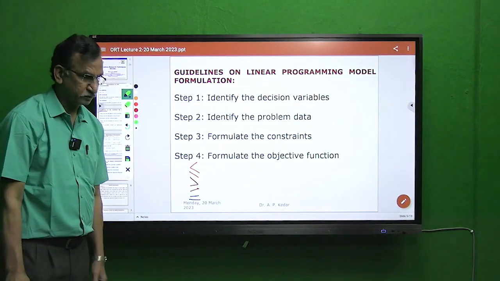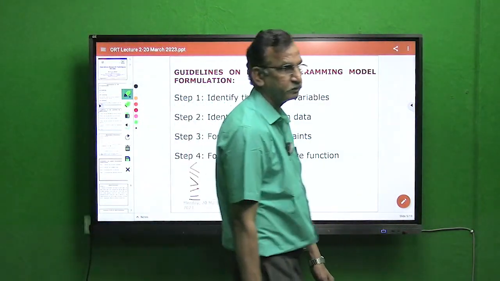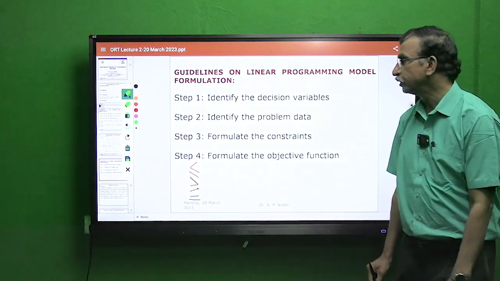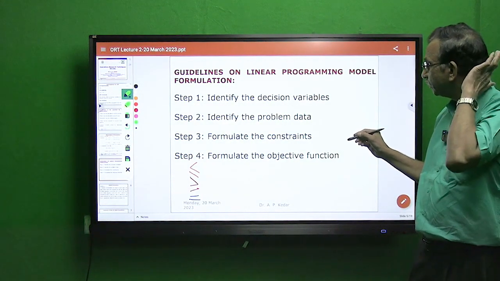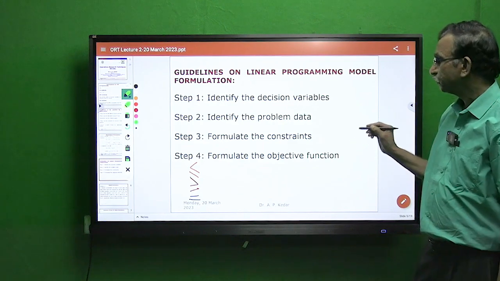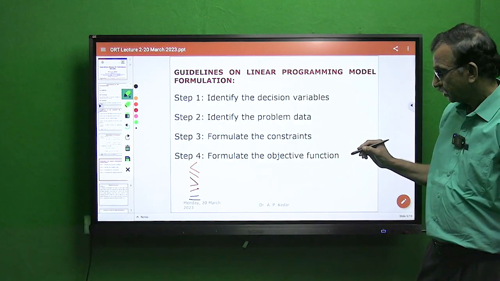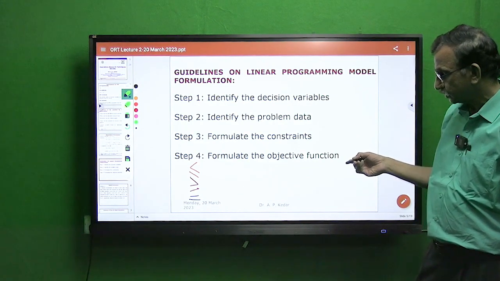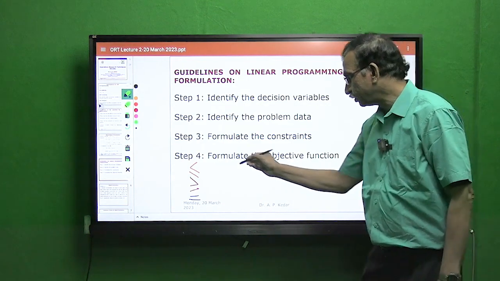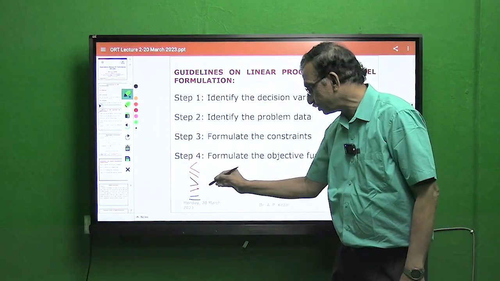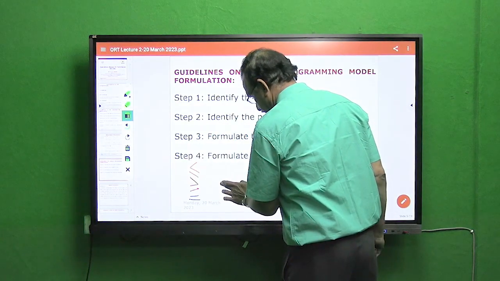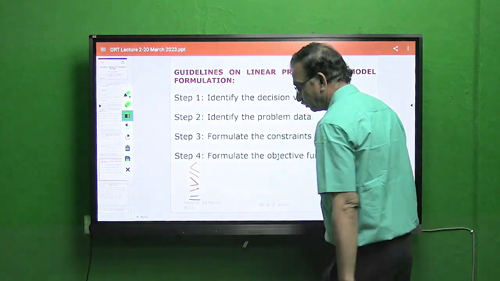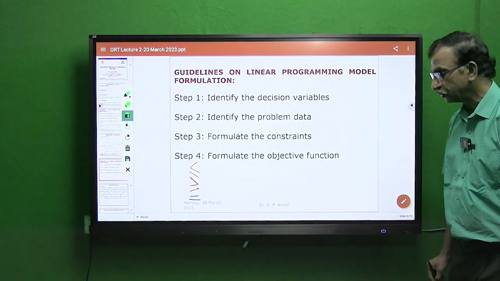This is very important. Understand the concept first. When we want to frame any linear programming problem from the given data, in different equations we have to use any one of these signs: either less than equal to, greater than equal to, or equal to.